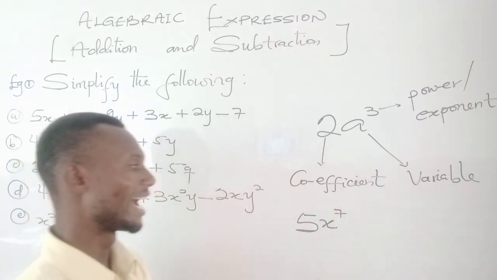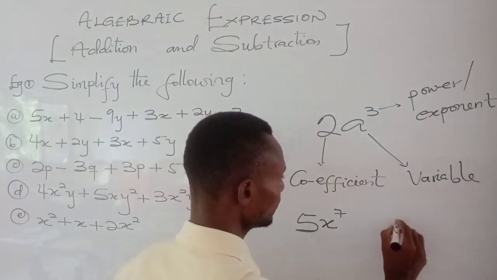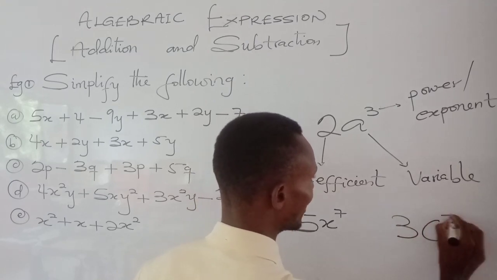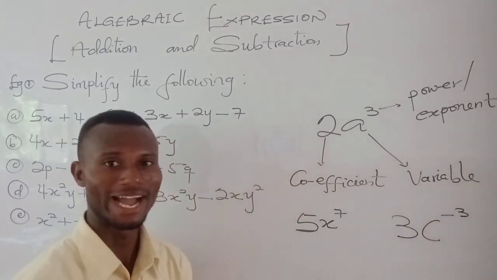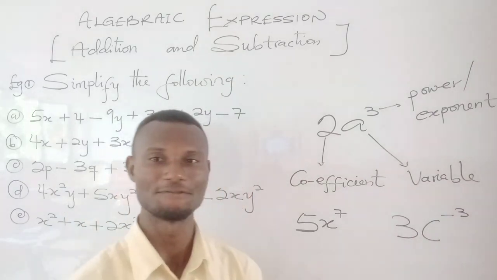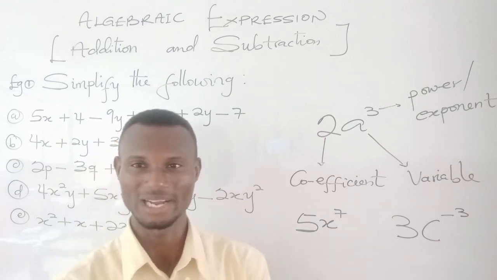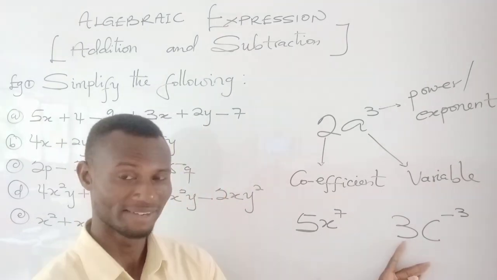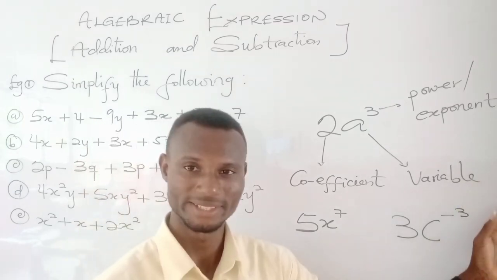Okay, assuming I have 3c to the power minus 3. If I ask for the coefficient, I hope you can be able to tell me the coefficient. The coefficient is 3 and the power is negative 3.